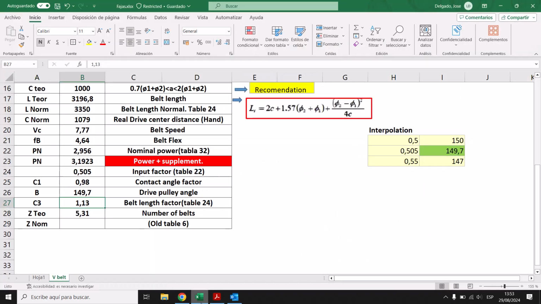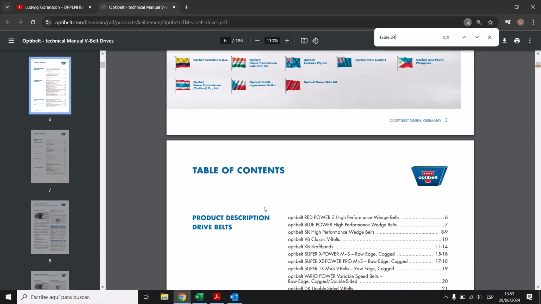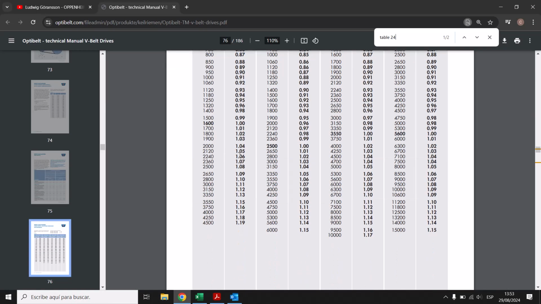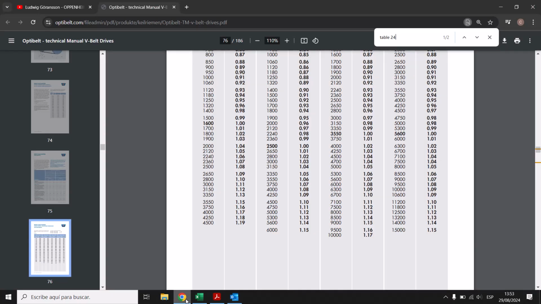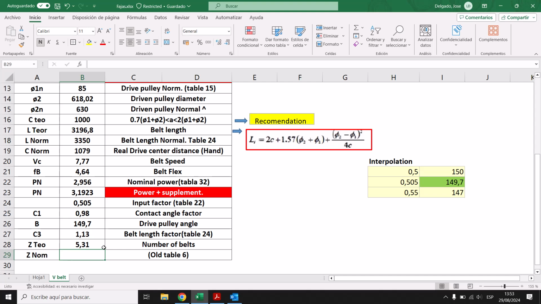Here I have a mistake. Oh yes, remember our belt. Okay, 6 is our number.